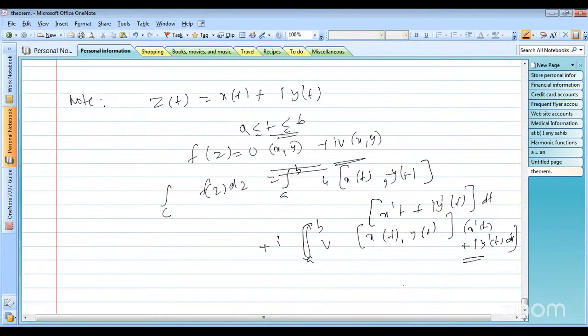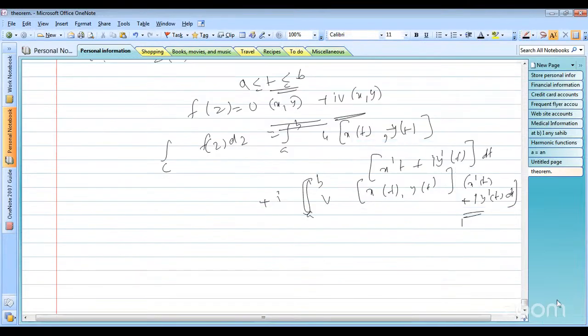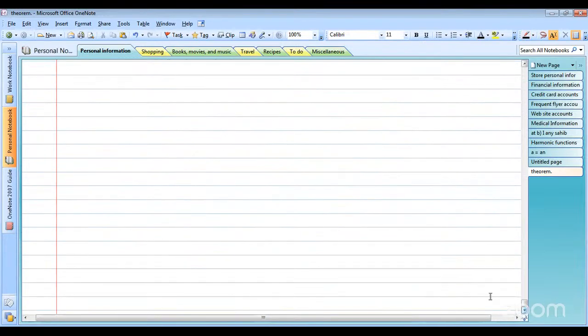We are taking care of the integration of these values here, with smooth curves.